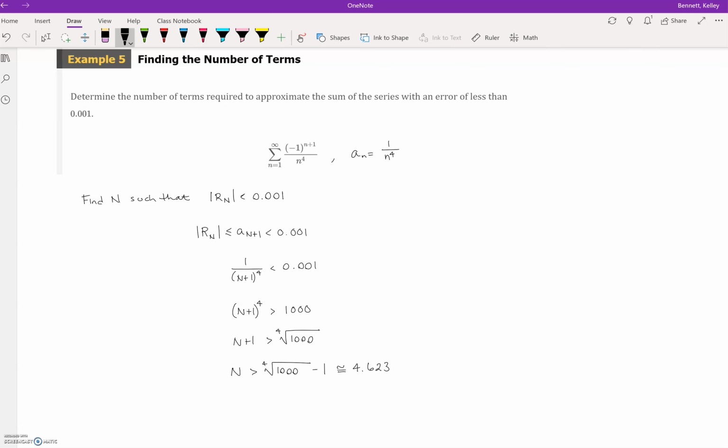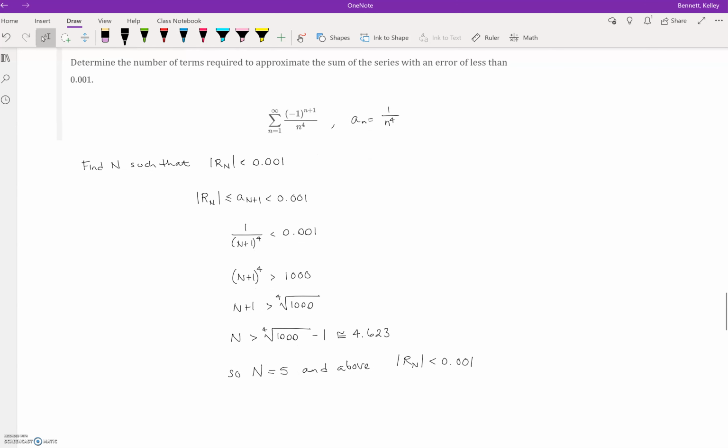So we know that for N equals 5 and above, our remainder will be less than 0.001. So the answer is 5. And this is kind of how it shakes out.